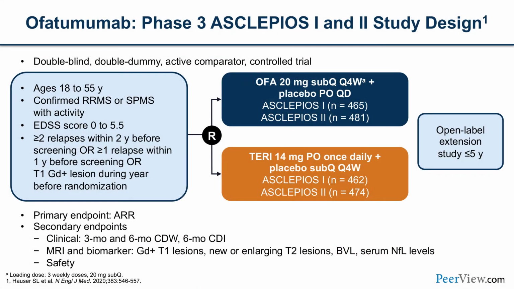And so again, Asclepios 1 and 2 compared Ofatumumab, which is administered by subcutaneous injection once per month, in contrast to Ocrelizumab, which is administered by IV infusion twice a year, and compared Ofatumumab to teriflunomide, an oral once-daily medication FDA approved for treatment in MS. The primary endpoint was looking at the annualized relapse rate, with secondary endpoints looking at 3-month and 6-month confirmed disability worsening, and a variety of other outcomes.